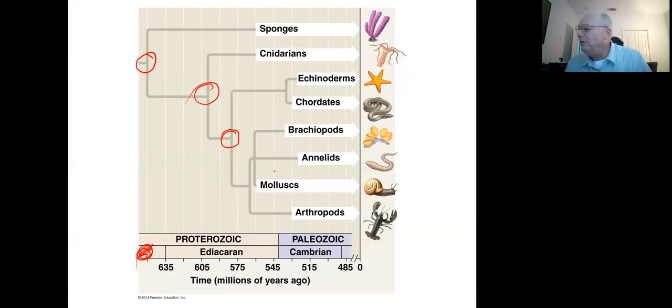And then we have the origin of the two segmented branches at this point. Now, I will admit that saying that the two segmented branches, or major segmented clades or major segmented phyla of animals, originated at this point from a common ancestor, that's something that later in the semester I'm going to disagree with.